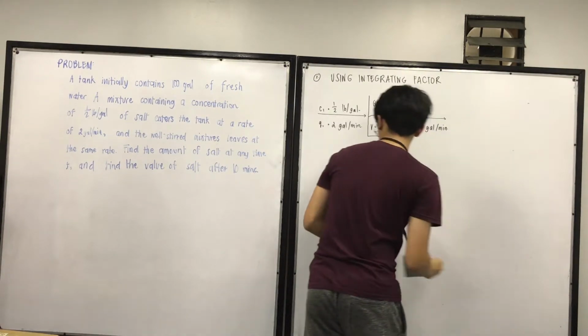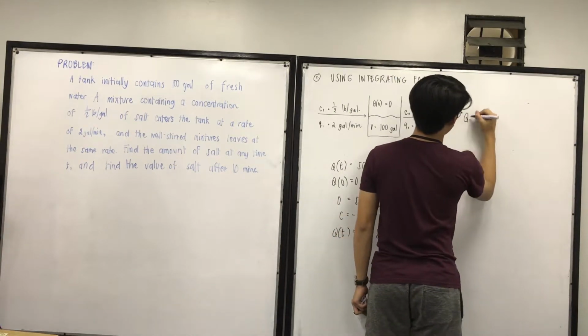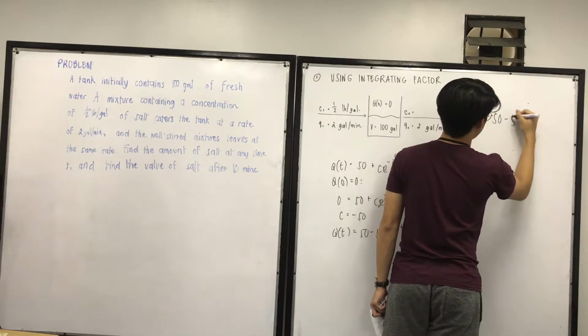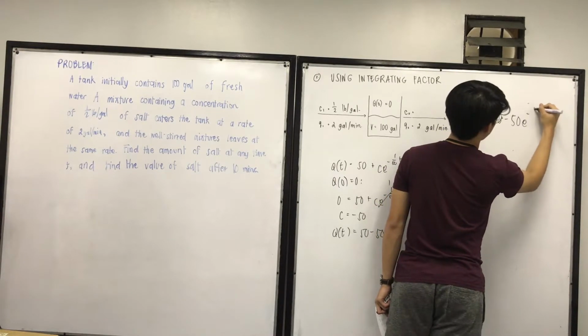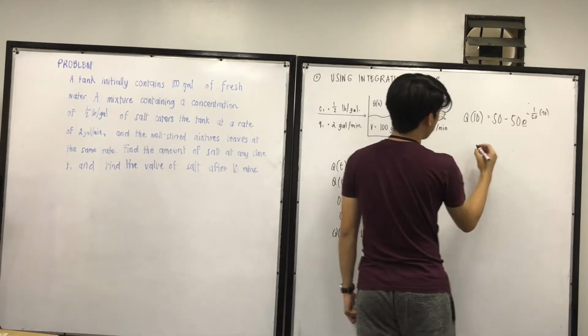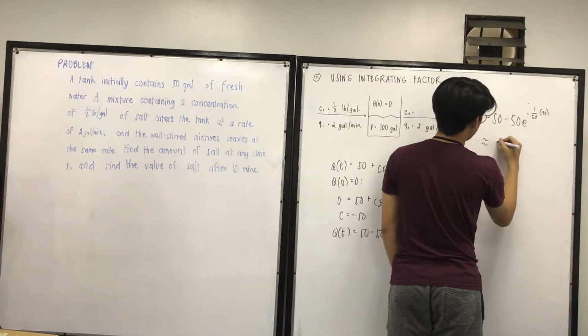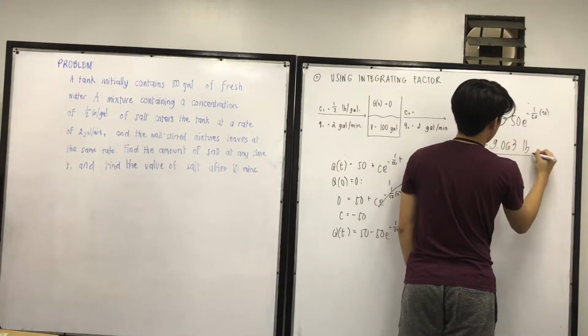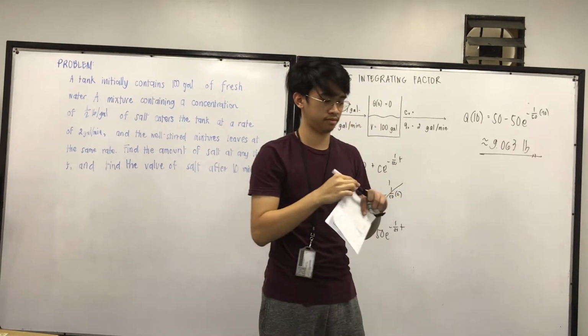So q of 10 is equal to 50 minus 50 e raised to negative 1 over 50 multiplied to 10. So the given value will be equal to approximately 9.063 lb. That's all.